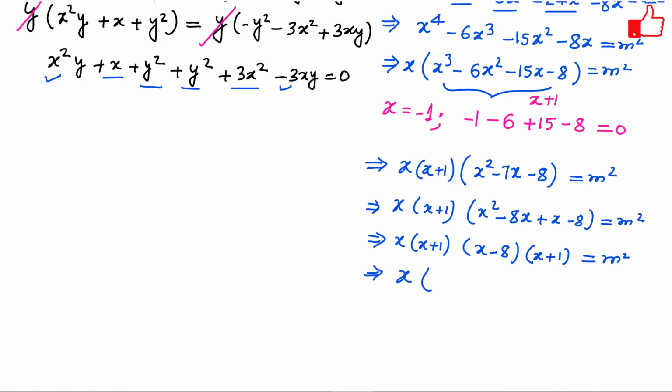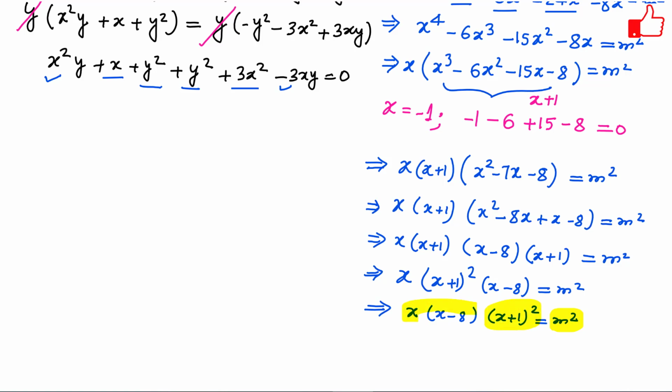So this is (x + 1)², and times (x − 8) is equal to m², or I can say x times (x − 8) times (x + 1)² is equal to m². And now here you see this is a perfect square and this is also a perfect square. This means this has to be a perfect square.